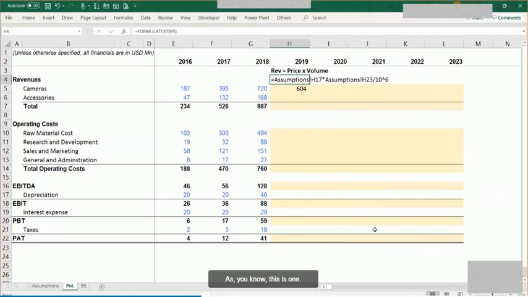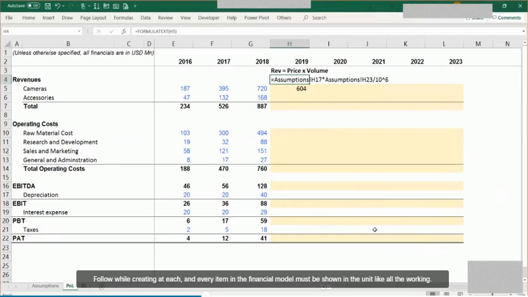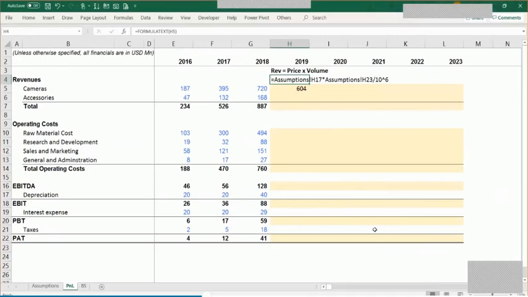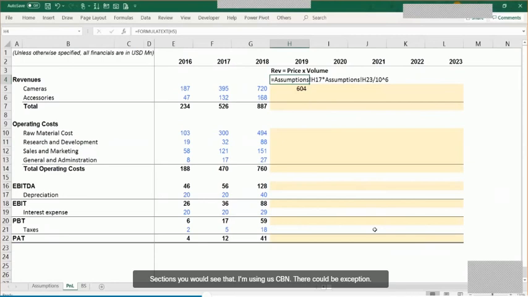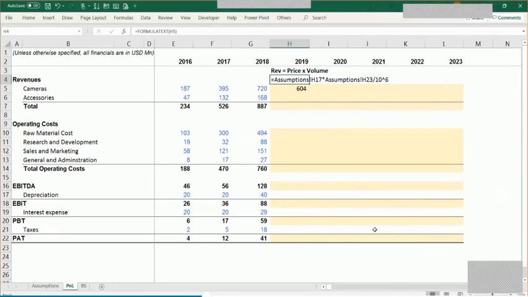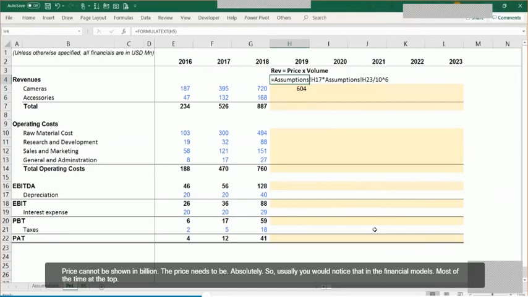Now, this is one important best practice that you must follow while creating a model: each and every item in the financial model must be shown in a consistent unit. Like all the workings and all the output sections, you would see that I'm using USD million. There could be exceptions to this, like a price cannot be shown in million. A price needs to be in absolute USD.